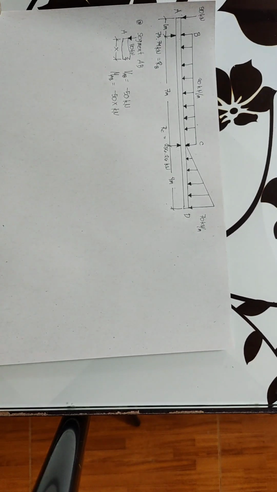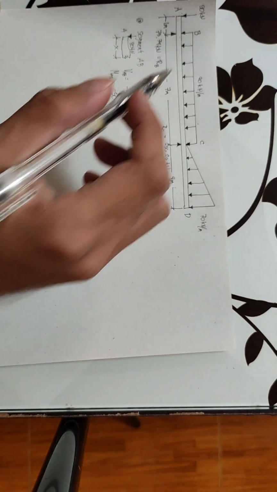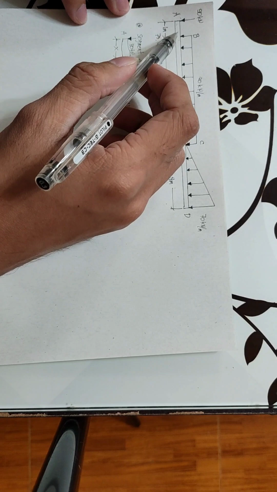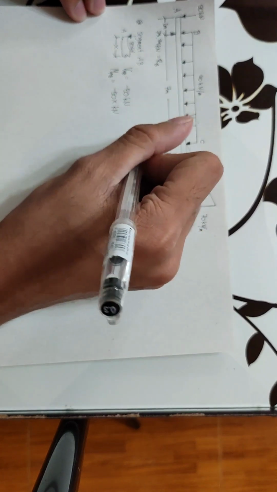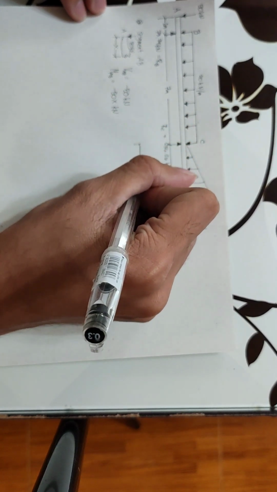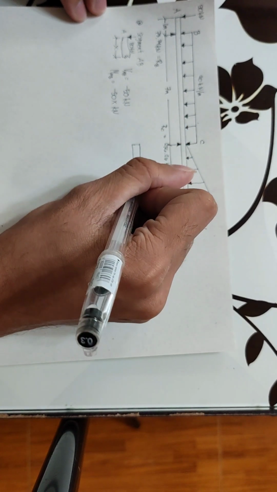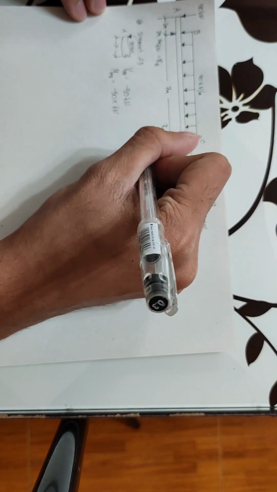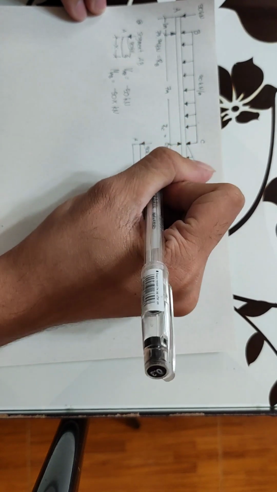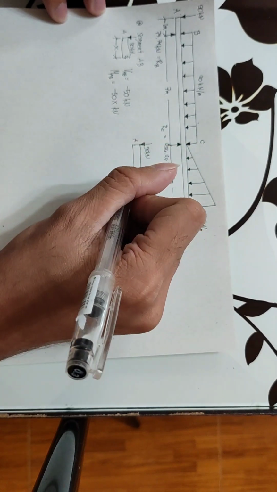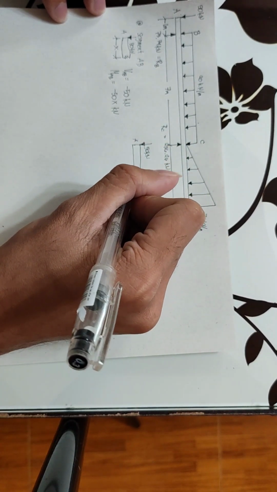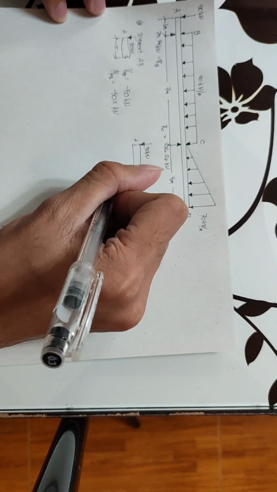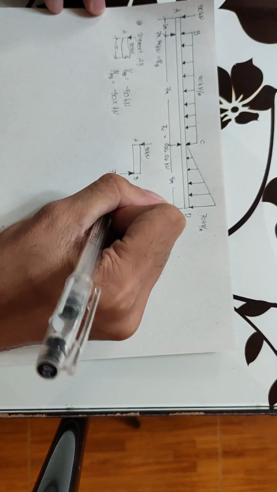So next we solve for the total forces, the summation of forces at B. We draw it again from A to B. There is a 50 kilonewton force applying downward, and here there is RB, which is 73.74 kilonewton.